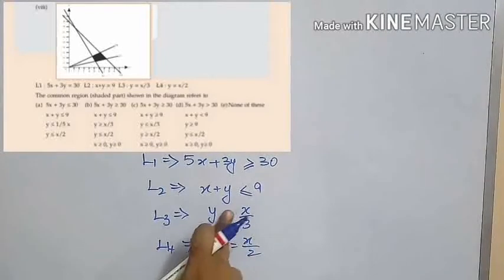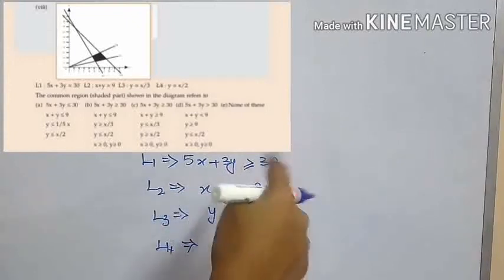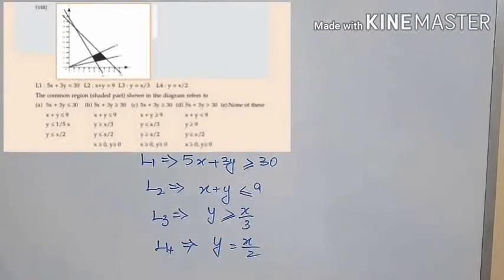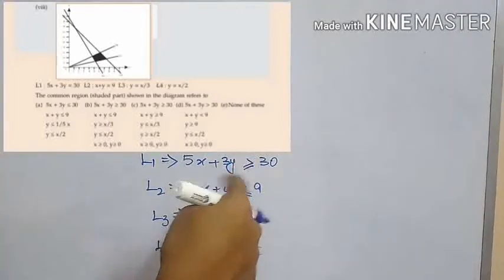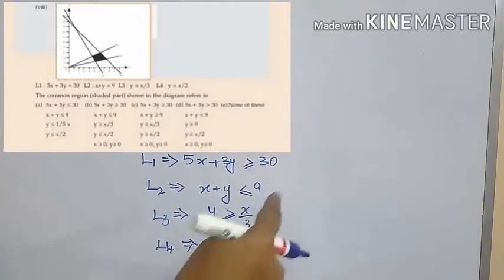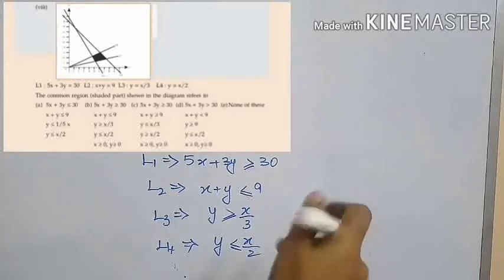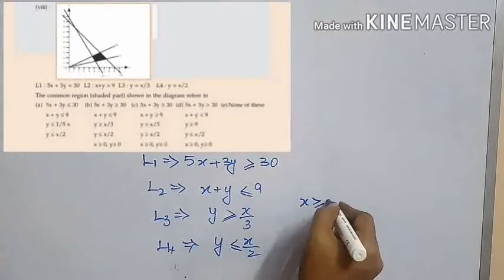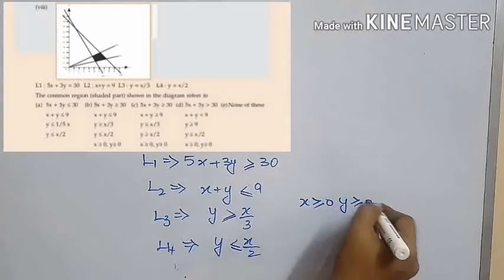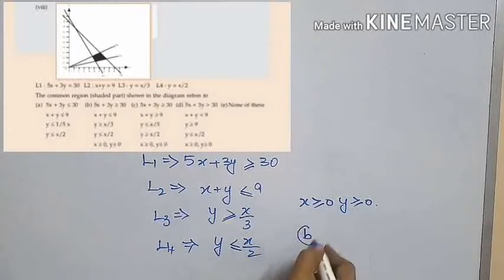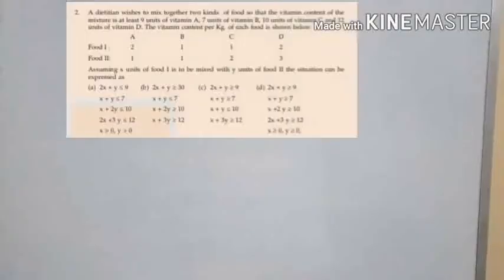So, the inequality is less than or equal to. L3 is the side that does not contain the point 1, 0. So, it is greater than or equal to. And L4 is the side containing the point 1, 0 is shaded. So, it's less than or equal to. X greater than or equal to 0 and y greater than or equal to 0 should also be the condition. So option B is our answer.